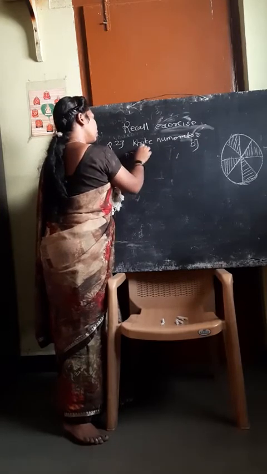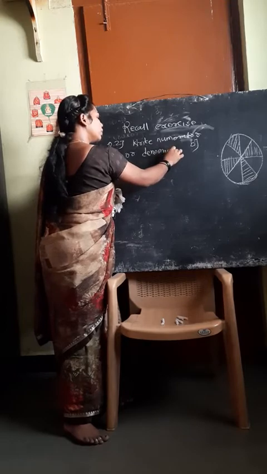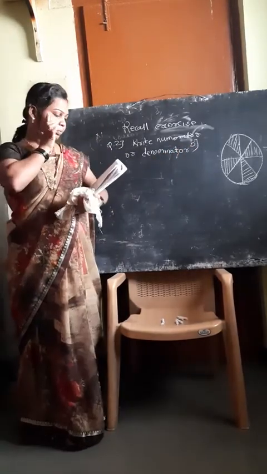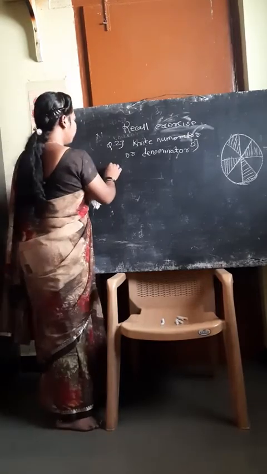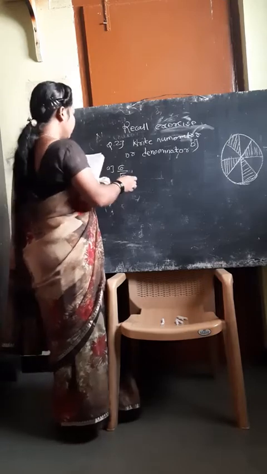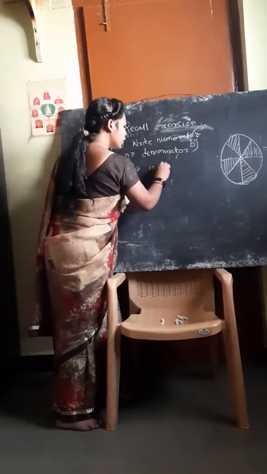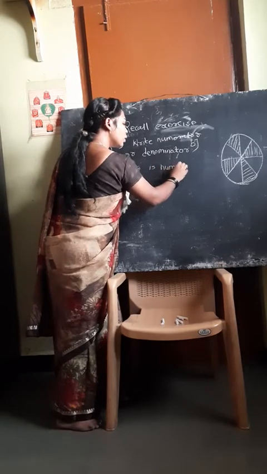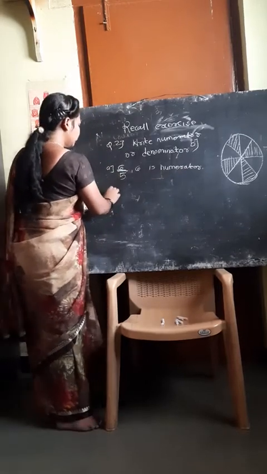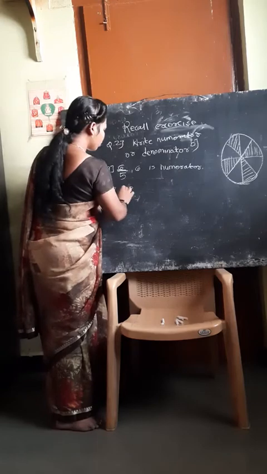For example, the first example is 6 upon 5. Here 6 is the numerator. The second example is 20 upon 49.